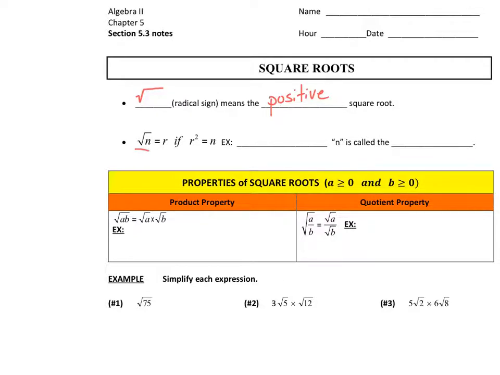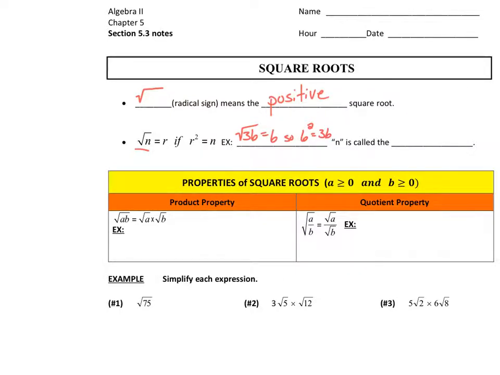So this would be the square root of n equals r, and the square root of n equals r if r squared equals n. So for example, the square root of 36 equals 6. So 6 squared equals 36.